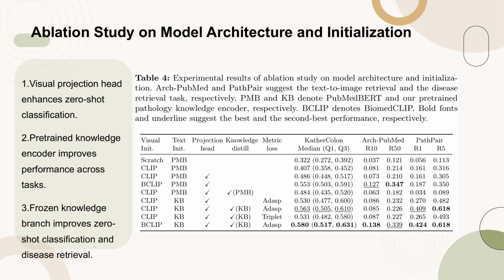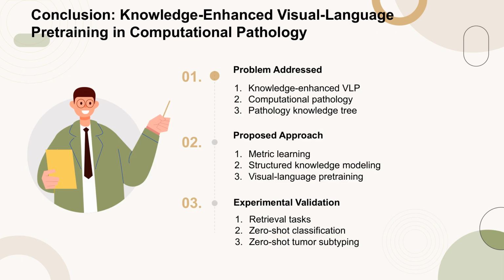for pathology. In this paper, the authors addressed the challenge of knowledge-enhanced visual language pre-training in computational pathology. They first create a pathology knowledge tree that incorporates the essential attributes of diseases requiring pathological diagnosis. The authors then introduce a novel knowledge encoding method using metric learning to model structured pathological knowledge.